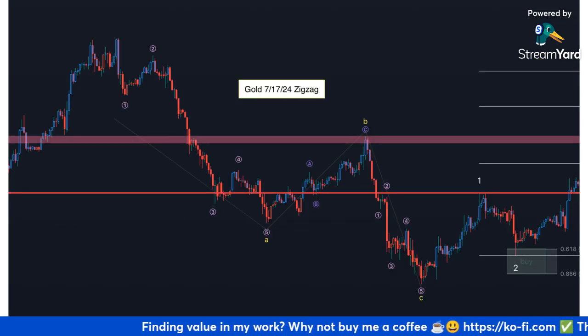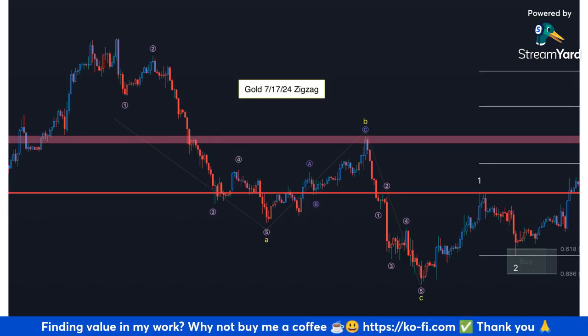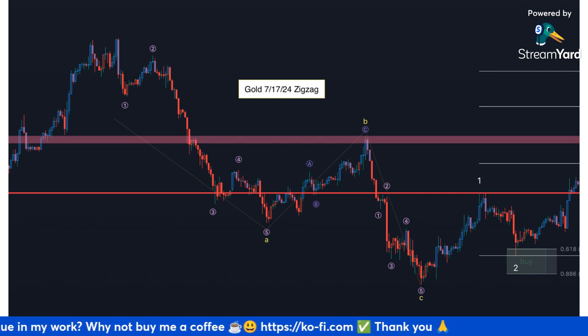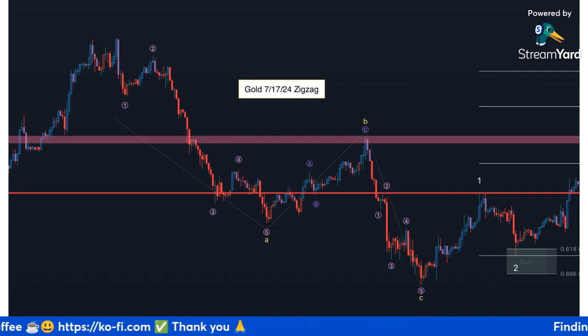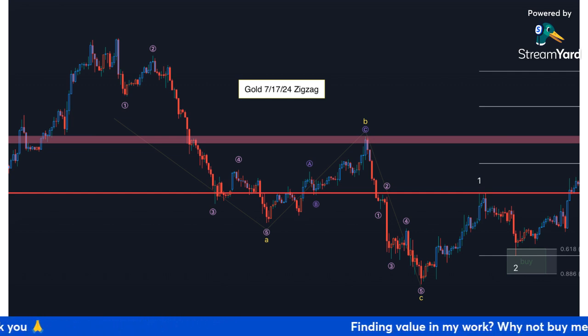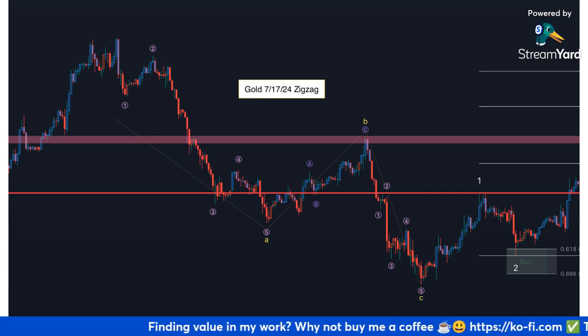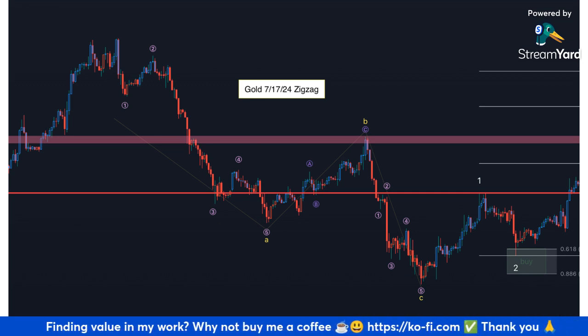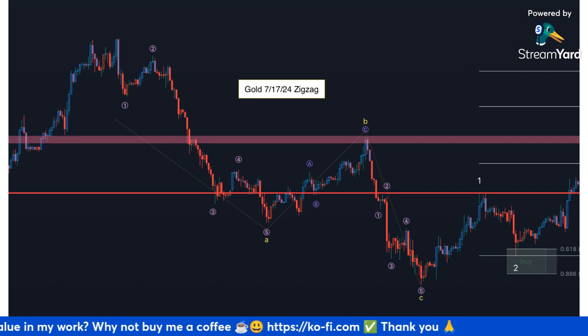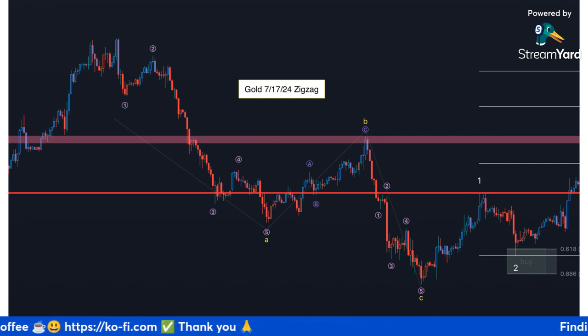Now, let's show you a real life example of a zigzag. In this example, we're going back to gold earlier in July. You have to take my word that this completed 5 waves up. And what do we see here? 1, 2, 3, 4, 5 down. So after 5 waves up and I saw this 5 down, I'm thinking A wave, which means I'm looking for a B wave and I don't want to see it come all the way back up.